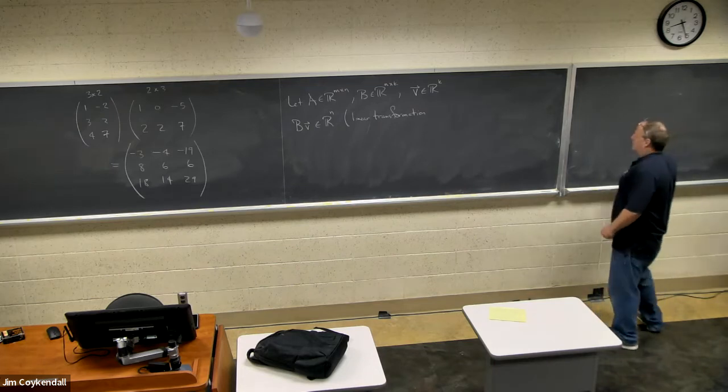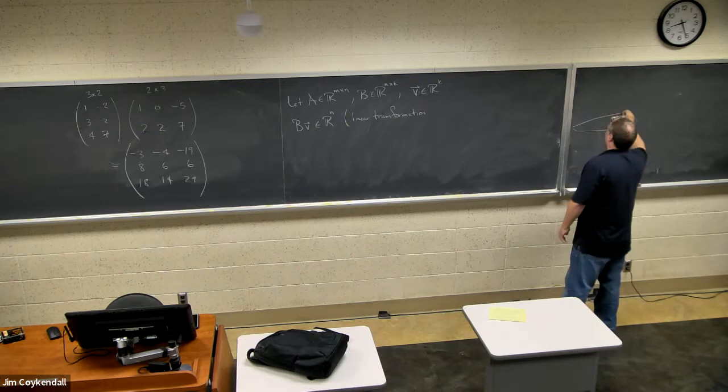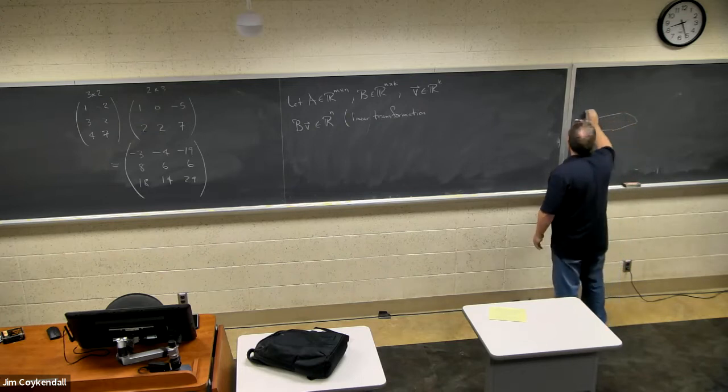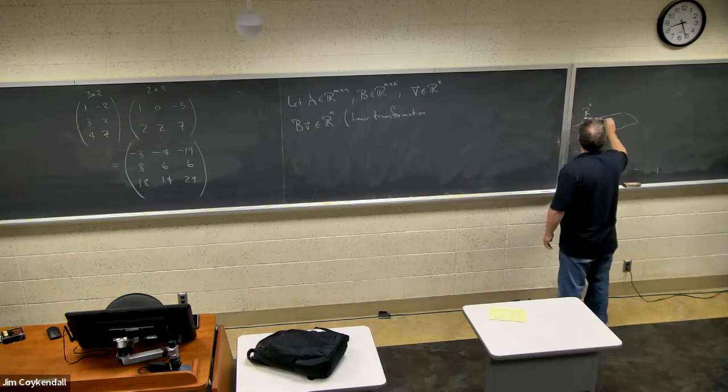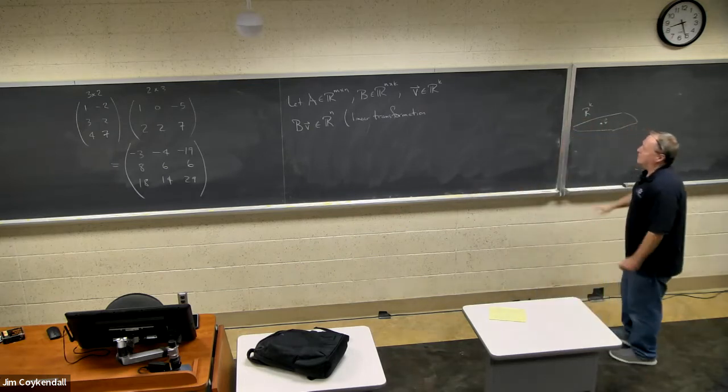So you can think of it this way. You start, say, in R^k, and here's your vector v that we had here. And B comes along and it does its magic.